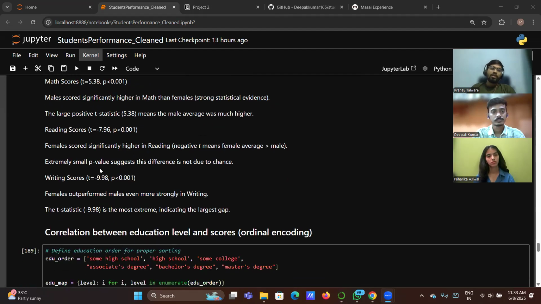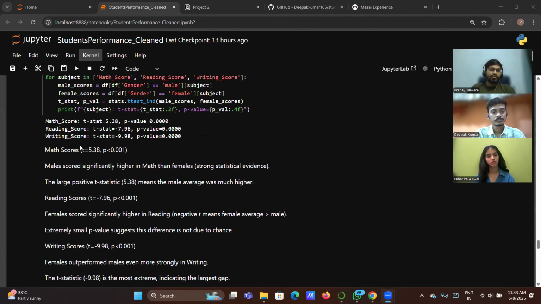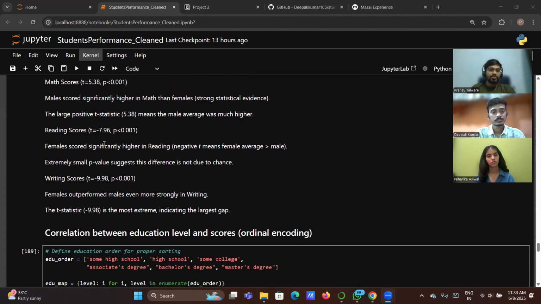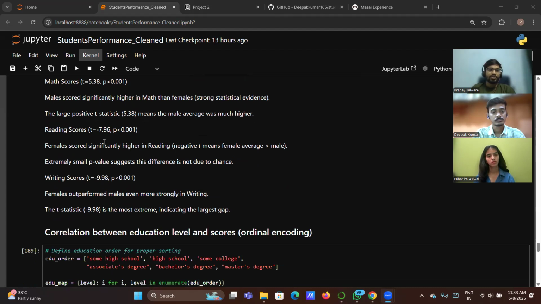And after that we also have the reading score, and in the reading score we have a T value of minus 7.96, which says that females scored significantly higher in reading as compared to males. To explain the logic behind these scores, I would need to explain the concept behind the statistics test, which is not part of this presentation.